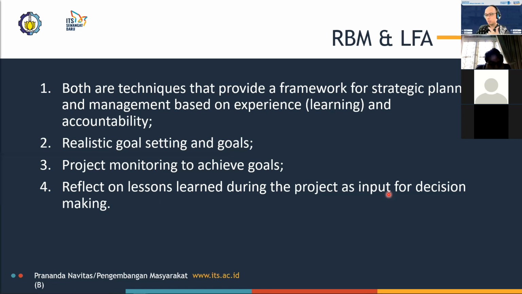Because there is a reciprocal process, giving all the stakeholders the opportunity to learn new things throughout the process, there might be some adjustments or some shifts in the objectives that have been set, and the goals that have been established.